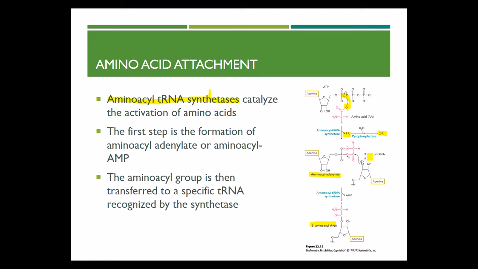So here is the 3' end of the transfer RNA. The 3' hydroxyl group will attack the carbon, which then cleaves your bond and now leaves you with your amino group attached to the transfer RNA.